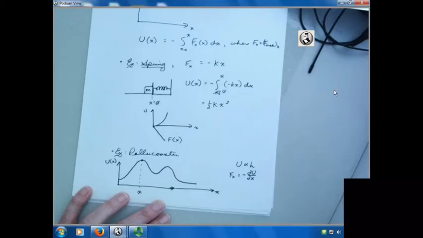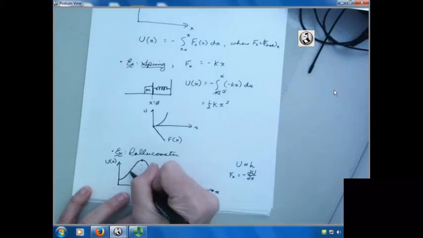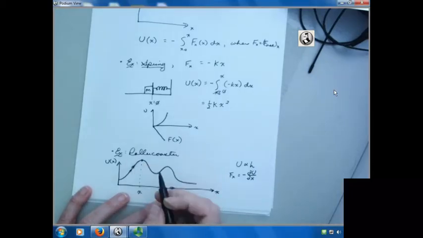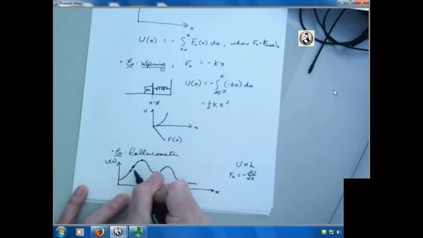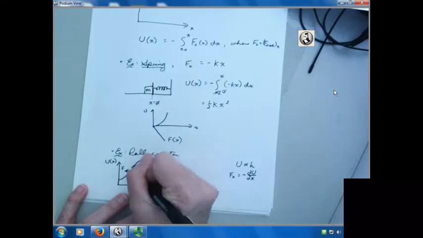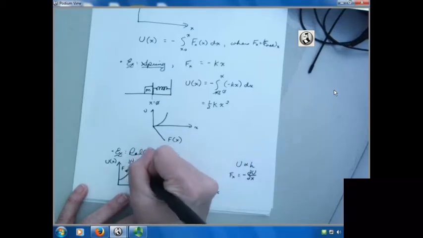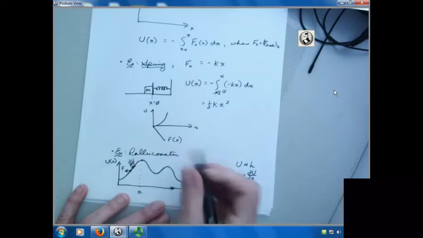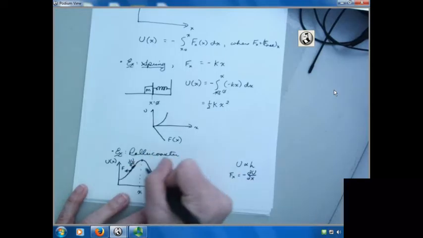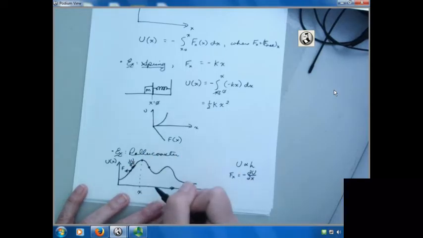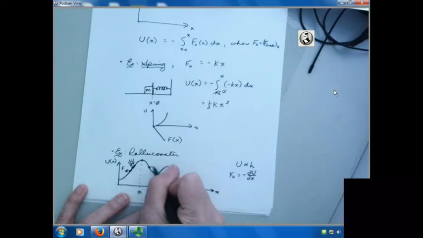So in all these cases where the slope of u as a function of x is positive, if I were there, I would be pushed in the negative x direction by the force. This is my line tangent. It's not supposed to look like a vector. It's just supposed to be my du dx, the slope of that line. In this case, the slope du dx is negative, so the force is in the positive x direction.